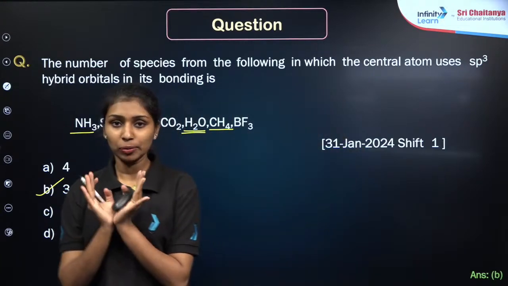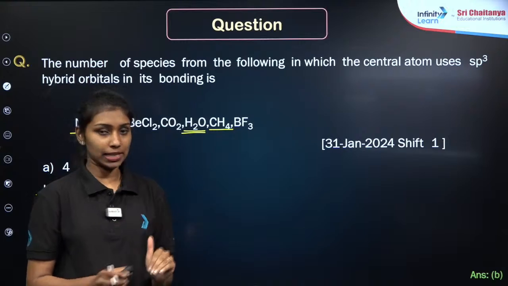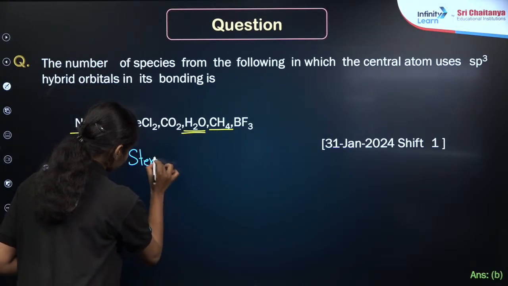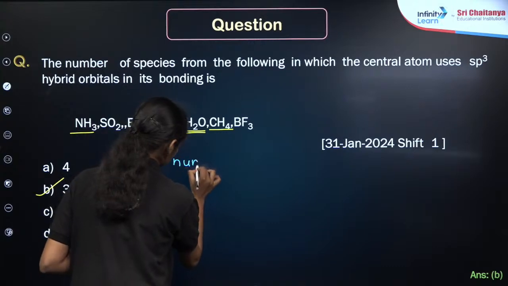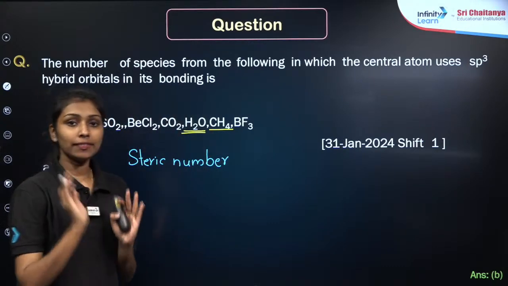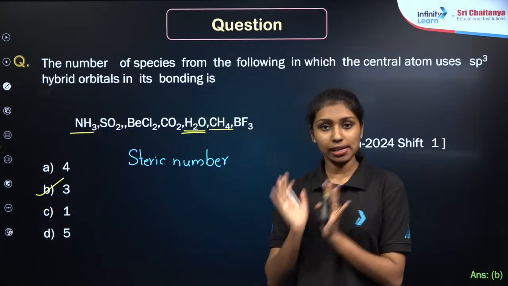Okay, if you are familiar with the molecules, then it is fine. Otherwise, you have to find out the hybridization. There will be one formula to calculate the steric number. Actually, the steric number is equal to the number of sigma bonds plus the number of lone pairs present on the central atom, right?